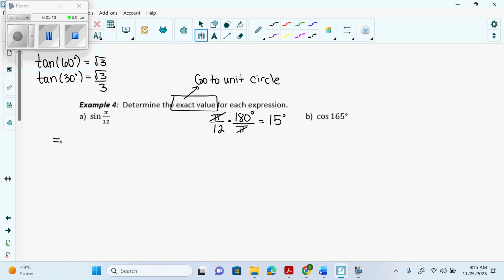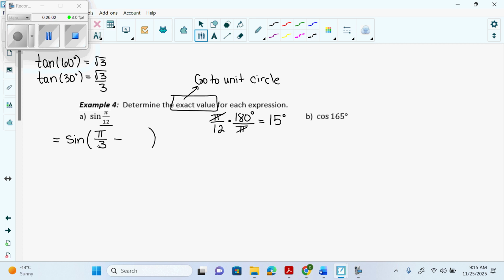I'm going to go sine 60 minus 45, because I just felt like saying that. So I'm going to go sine of 60 minus 45, but this is in radians, so this has to be in radians. So what is 60 in radians? Pi over 3.